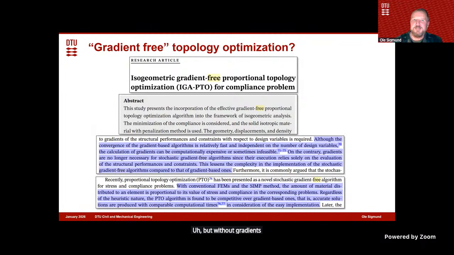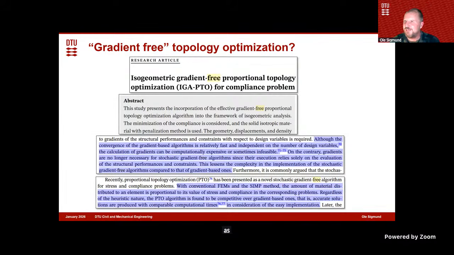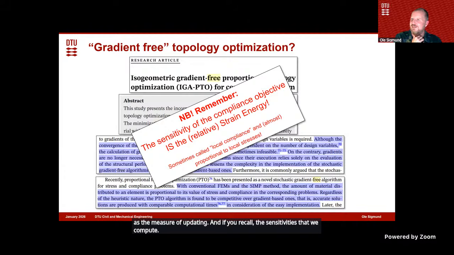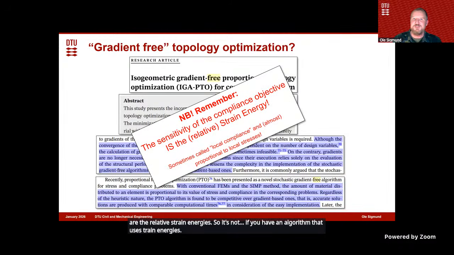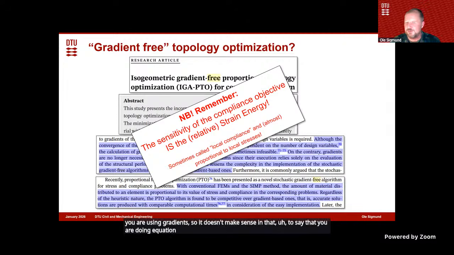But if you read the paper, they are saying we are actually using the strain energy as the measure of updating. And if you recall, the sensitivities that we compute are the relative strain energies. So if you have an algorithm that uses strain energies, you are using gradients. So it doesn't make sense to say that you are doing a gradient-free approach.